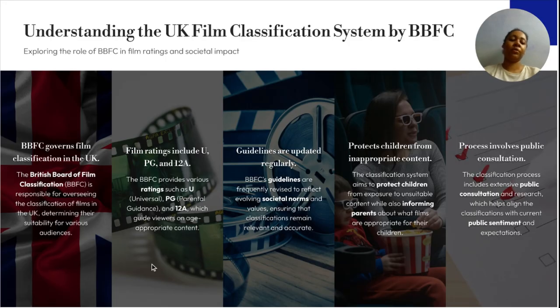The guidelines are frequently revised to reflect evolving societal norms and values, ensuring that the classifications remain relevant and accurate in terms of what audiences, in terms of the age brackets, can watch.